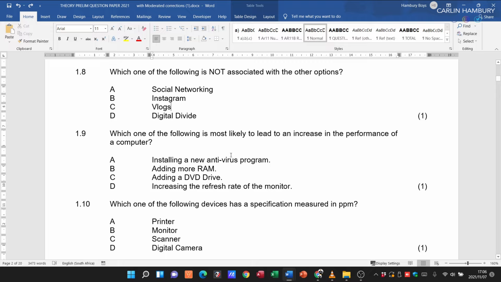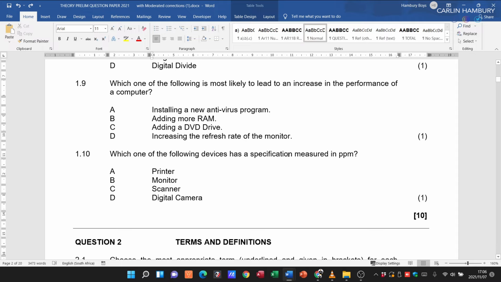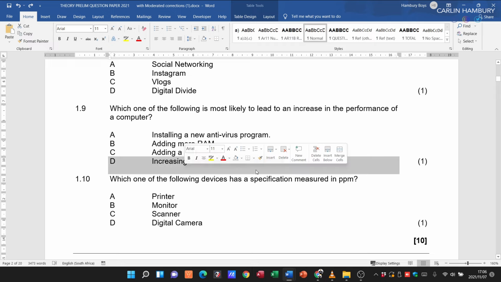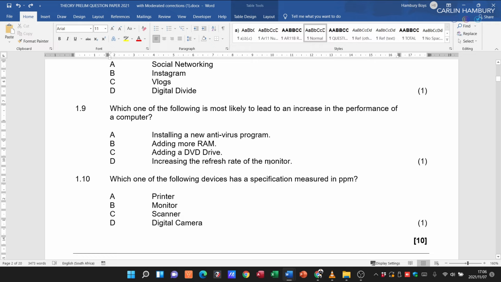1.9. Which one of the following is most likely to lead to an increase in the performance of a computer? Let's see. A, installing a new antivirus program. B, adding more RAM. C, adding a DVD drive. D, increasing the refresh rate of the monitor. Please, the refresh rate of the monitor has got nothing to do with increasing the performance of our computer.